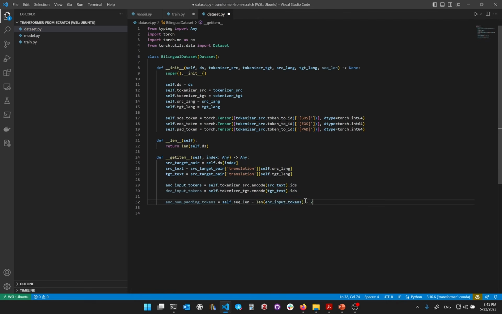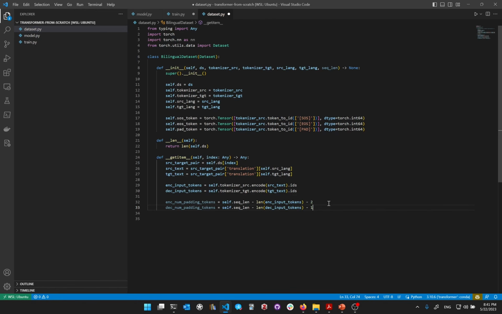Minus 2. Why minus 2 here? We already have this amount of tokens, we need to reach this one, but we will also add the start of sentence token and the end of sentence token to the encoder side, so we also have minus 2 here. And here only minus 1.